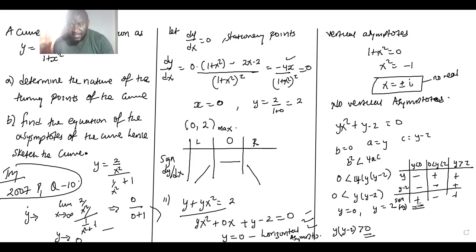So you analyze that this region which is positive and this region which is positive, the curve does not pass there. Okay, so the curve only passes where we have the negative. So it passes only between 2 and 0. Elsewhere, the curve does not pass there.